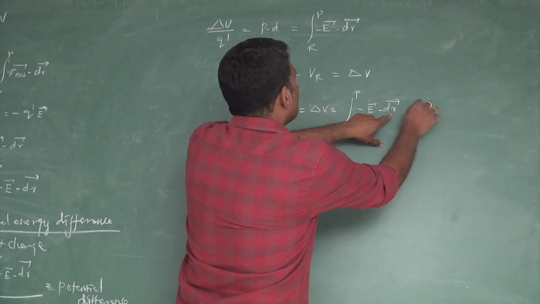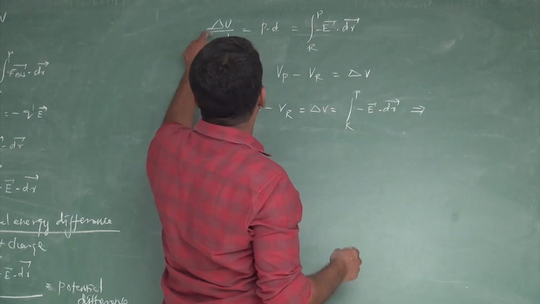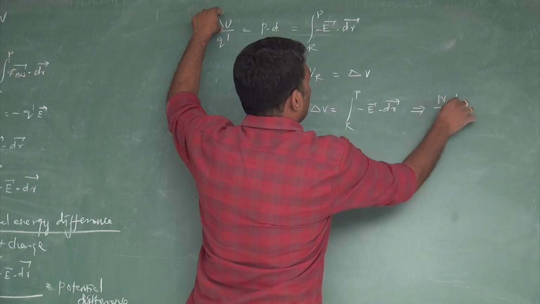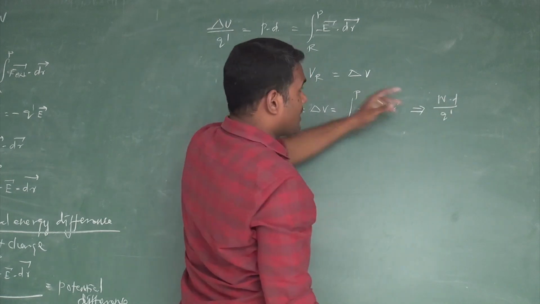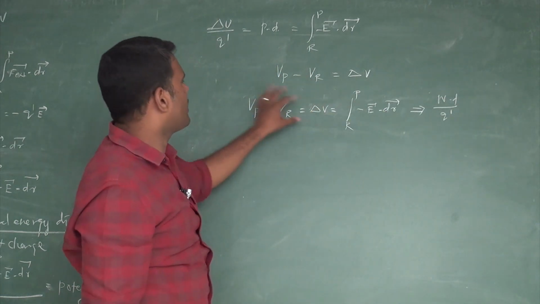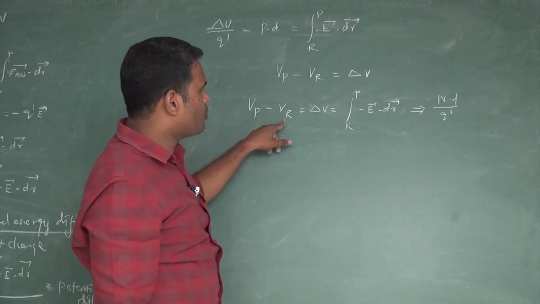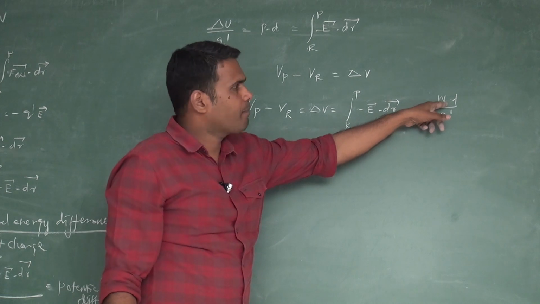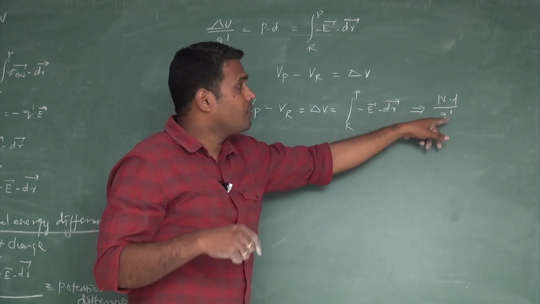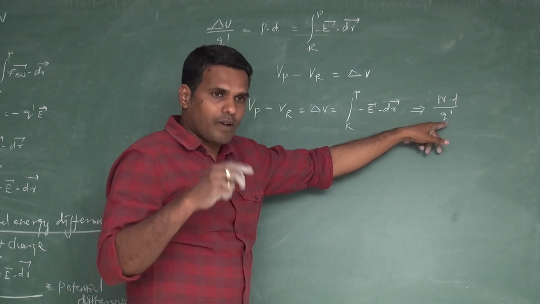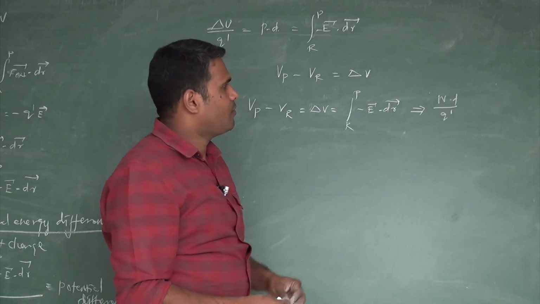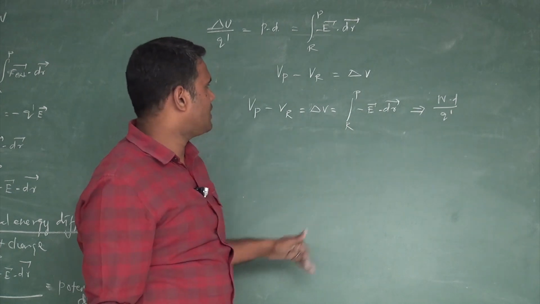This is equal to delta U divided by q prime, which is work done per unit positive charge. So we can define it: potential difference between two points is equal to the amount of work done by an external force in moving a unit charge from one point to another point with a constant velocity.